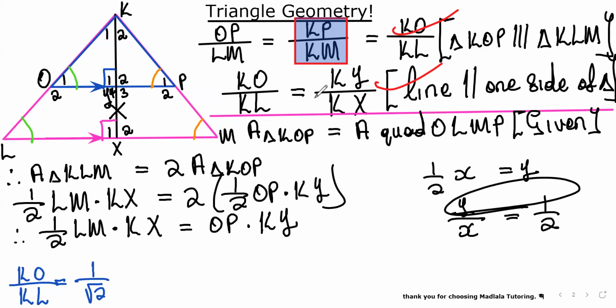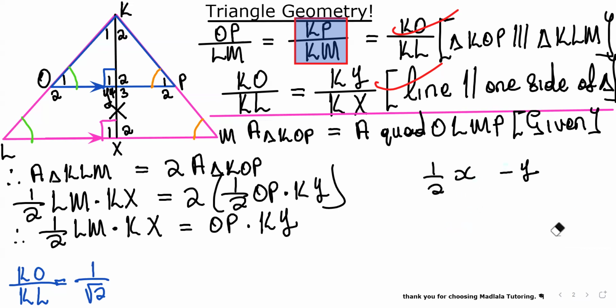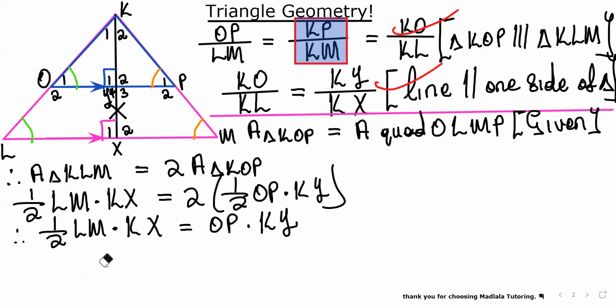So let's go ahead. When we go ahead here, we just divide both sides by LM times KX. And we find that OP times KY divided by LM times KX will be equal to 1/2. This is what we get.